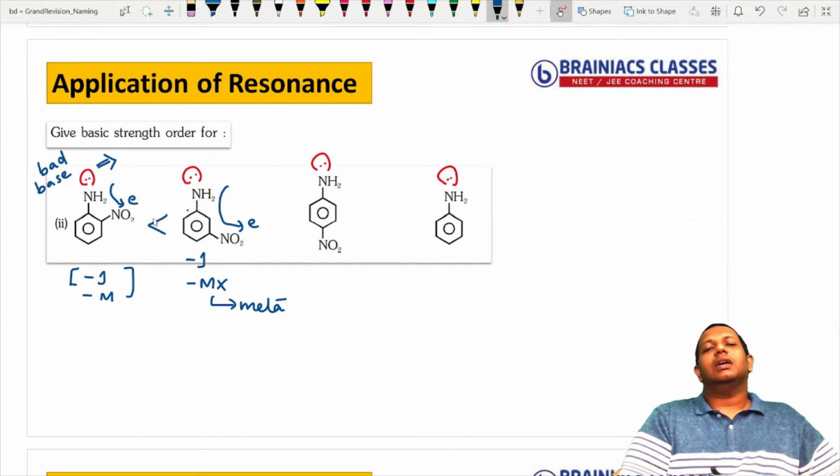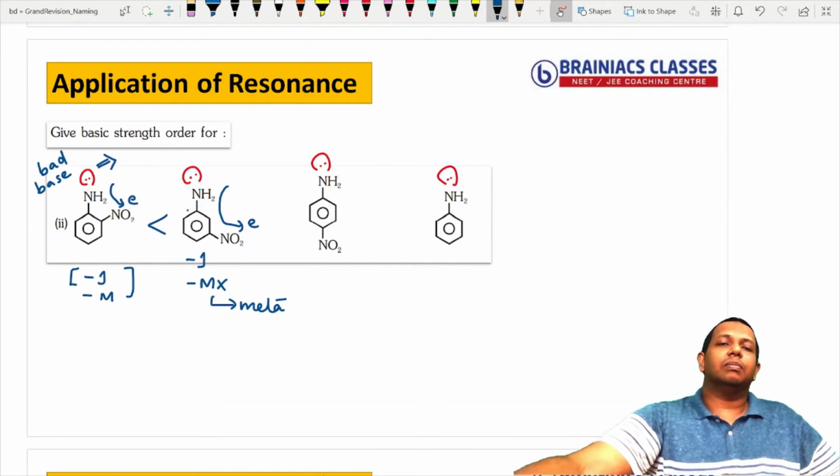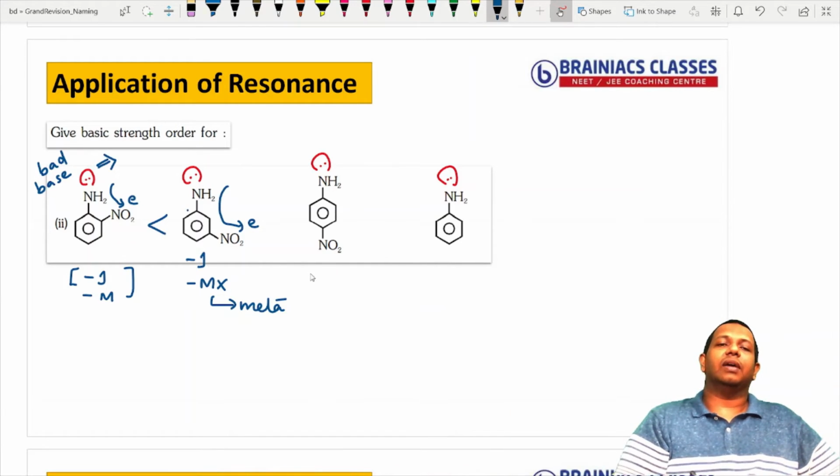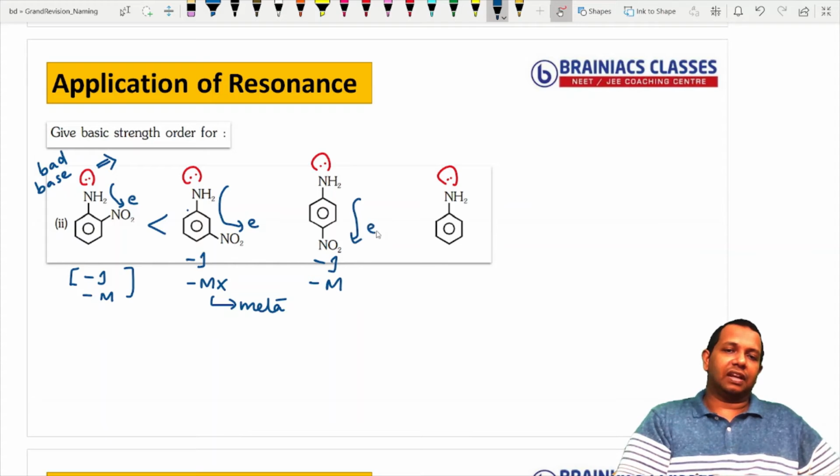Now next, NO2 is present at the para position. At the para position, you have both -I effect and -M effect. Through both these effects, it will attract the electron towards the NO2 group and thereby make it a bad base.